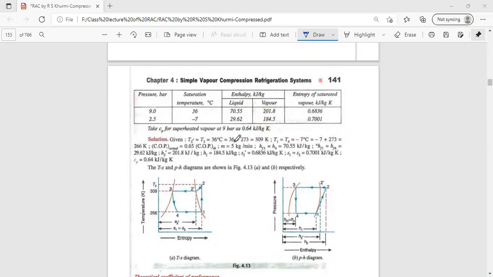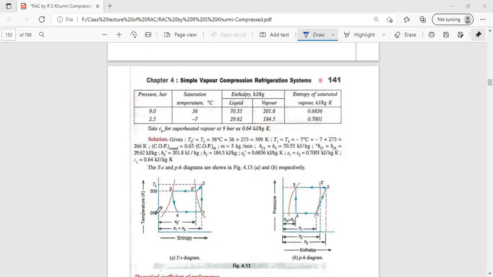36 degrees centigrade, converting with 273, is 309 degrees Kelvin. So 309 Kelvin is given as the high temperature on the Kelvin scale, and 266 Kelvin is given as T1, which is equal to T4.